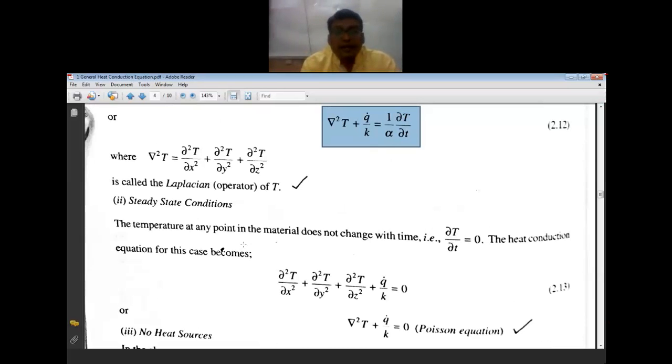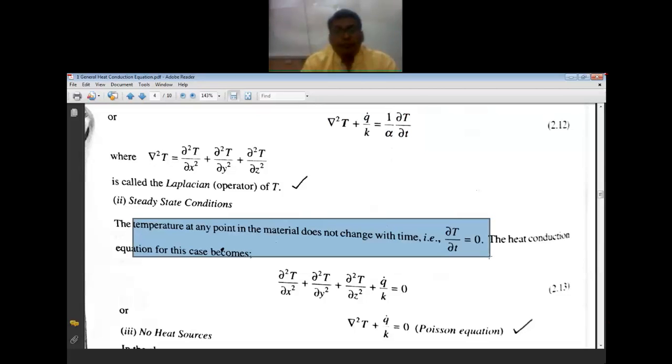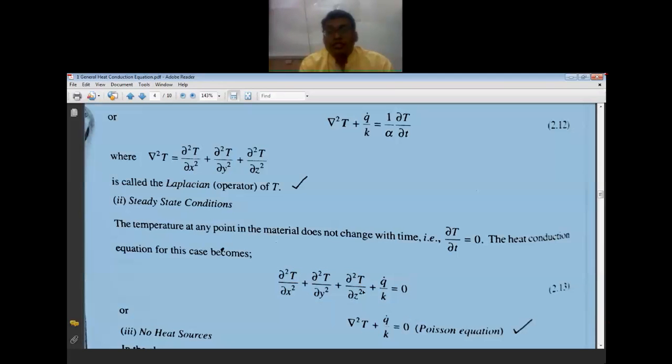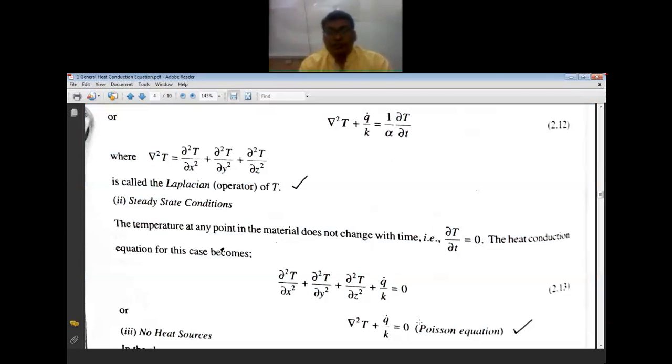Then the second is the steady state condition. In the steady state condition, the temperature at any point in the material does not change with the time. So the change in temperature, dT upon dt, is equal to 0, and the last term of the general heat conduction equation goes to 0.